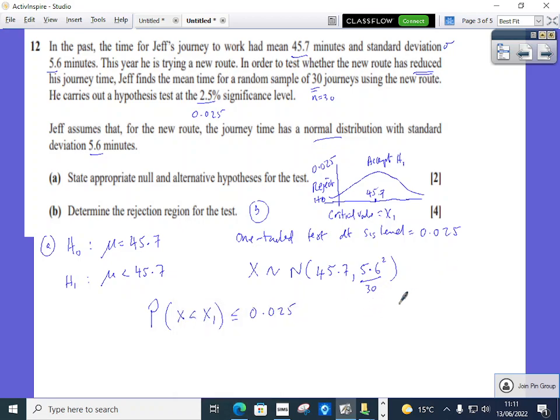So if you go on your calculator, can you type all that in for me, please? And we do it together, so distribution, 7, inverse normal distribution. Now the area is going to be 0.025. Now I'm just going to put 5.6 divided by root 30.